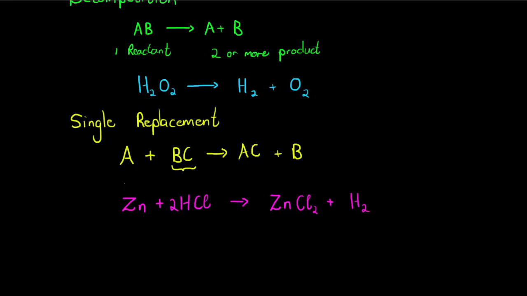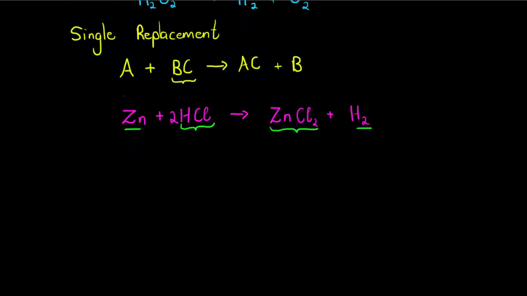Again, notice that I had my element and my compound, and here I've got my compound and my element, and here you can see that it looks as if the zinc had replaced the hydrogen, so that now it's zinc and chloride instead of hydrogen and chloride, and instead of the element zinc, it is the element hydrogen. Single replacement, easy enough, I'm sure.